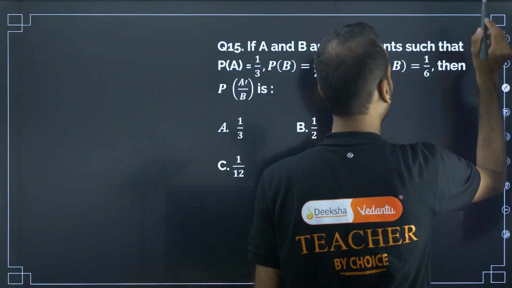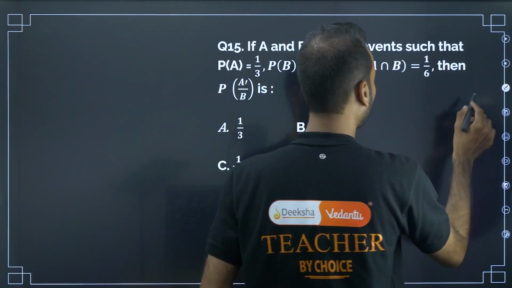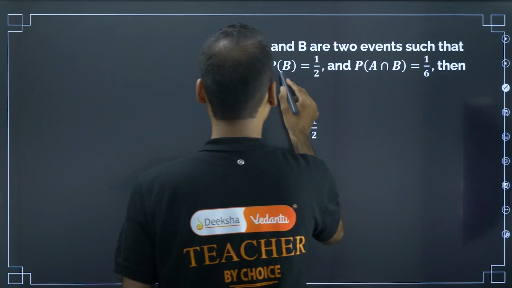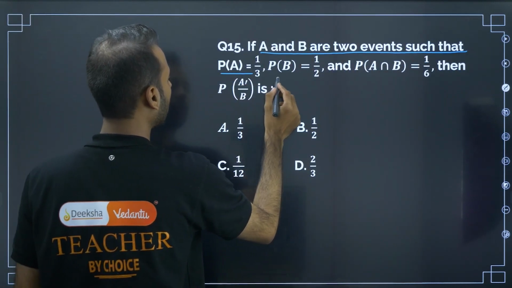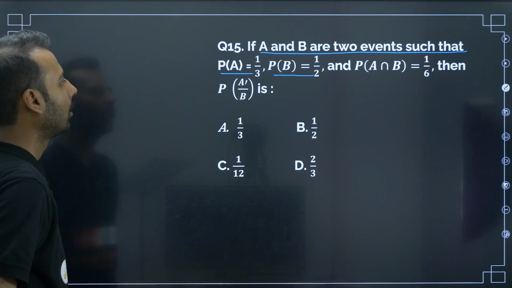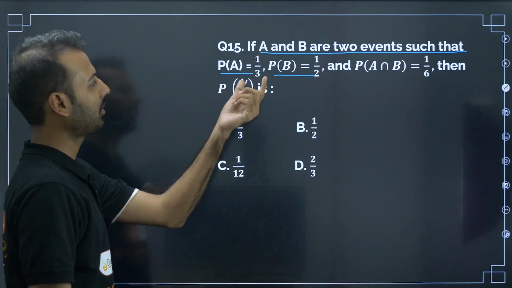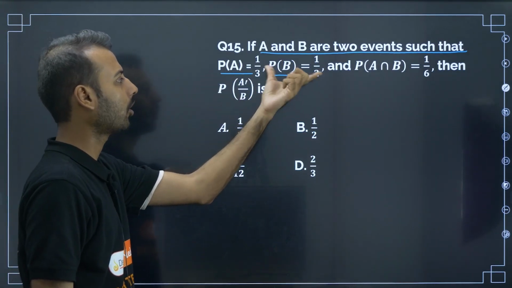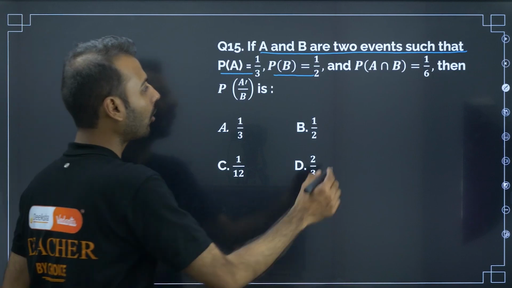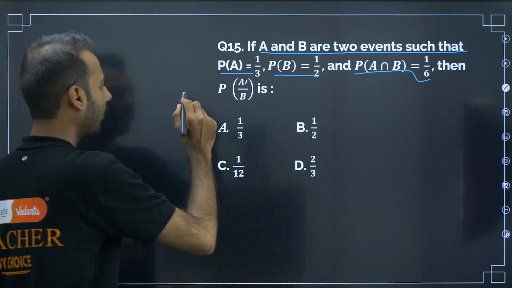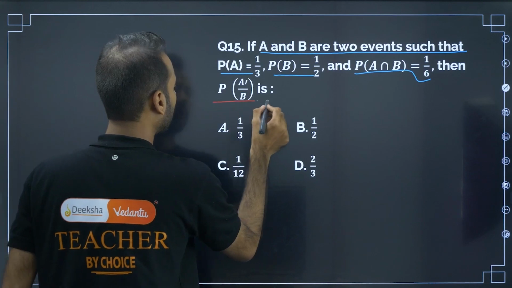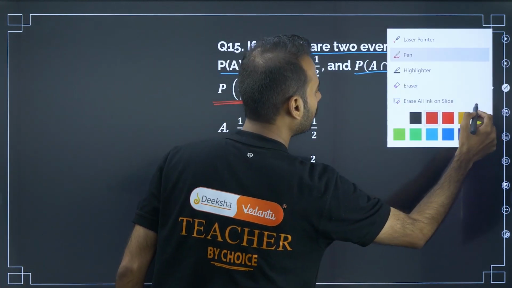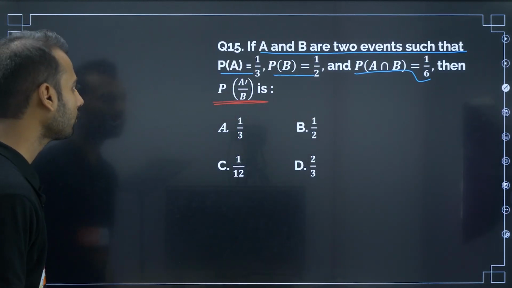Moving on to the next question. If A and B are two events such that P of A is this much, P of B is this much, and P of A and B is this much, then P of A dash given B is how much?